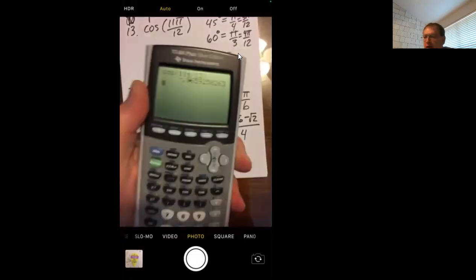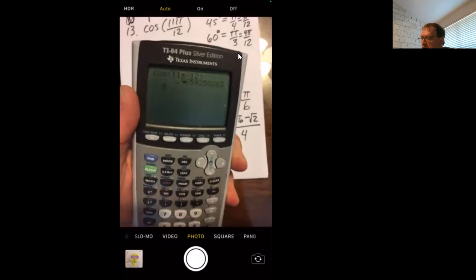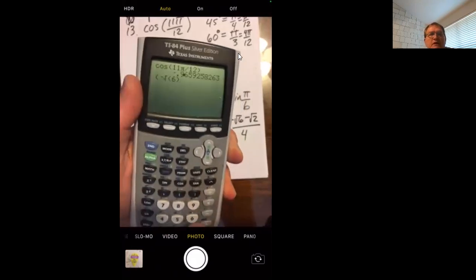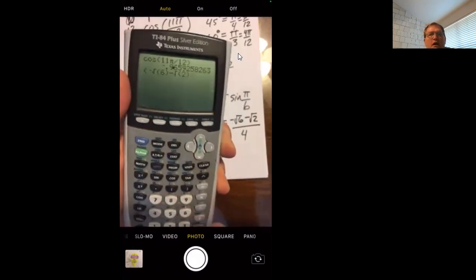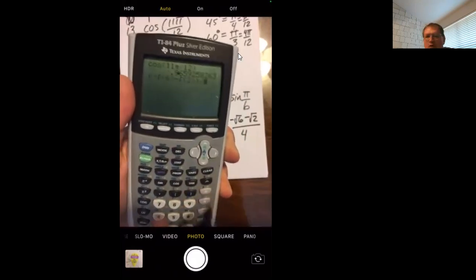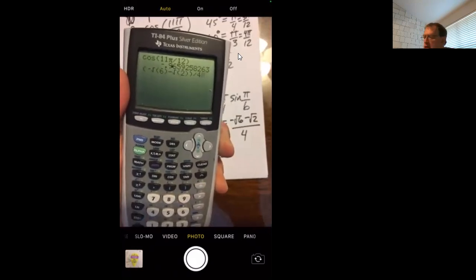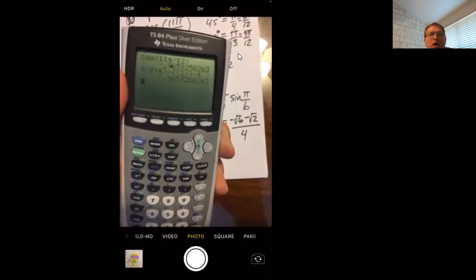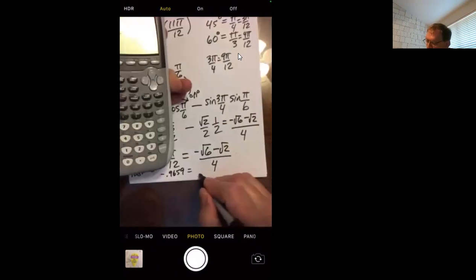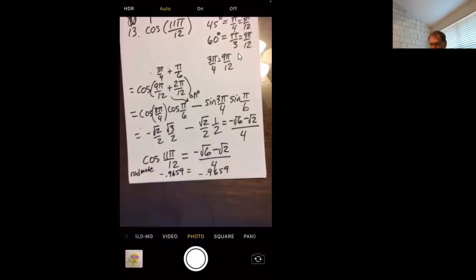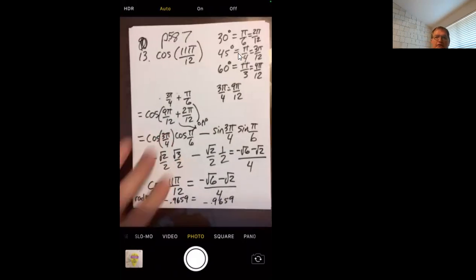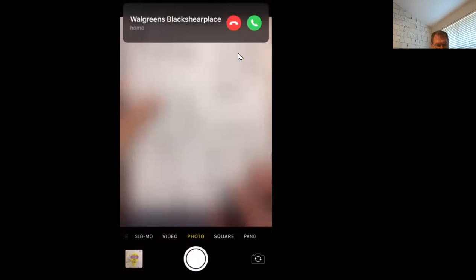All right, parentheses, negative square root of 6 minus a square root of 2, close and divide by 4. And there you are. So you found an exact value for it using these trig formulas. All right, in the next section, they're making you use the formula backwards.